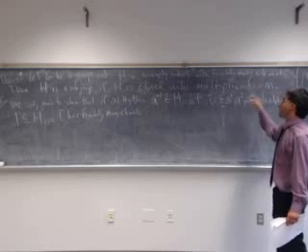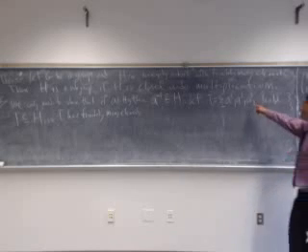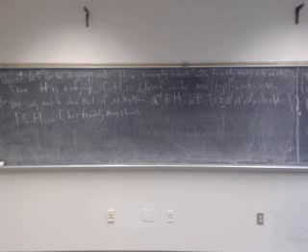So A times A, or A squared, is in H. Well, now A squared is in H, so A cubed is A squared times A, and A squared and A are in H, so A cubed would also be in H, etc. All the positive powers of A are already in H because A is in H and H is closed under multiplication.